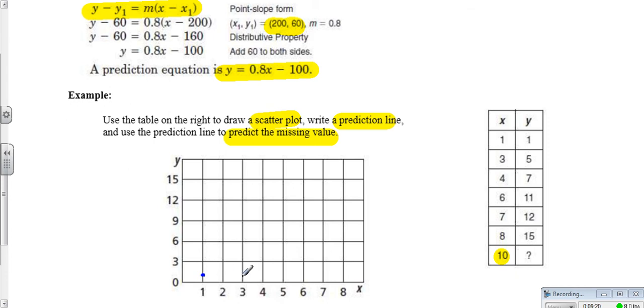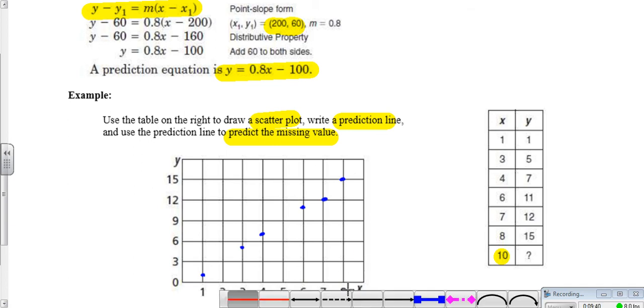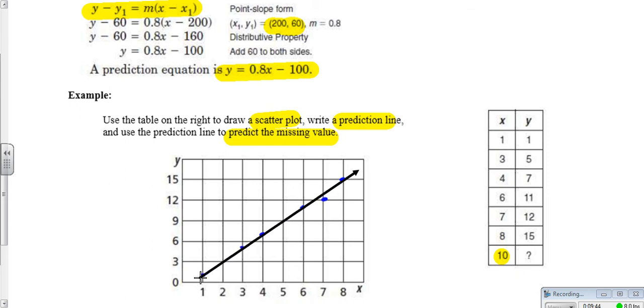We have 3 and 5, which is approximately there. 4 and 7, about there. 6 and 11, about there. 7 and 12, there. 8 and 15, about there. Now, again, I'm just going to approximate this line, but it looks like it goes like that. So we have a positive slope. Alright, but we're going to do it more specifically and go back to what we've been taught.